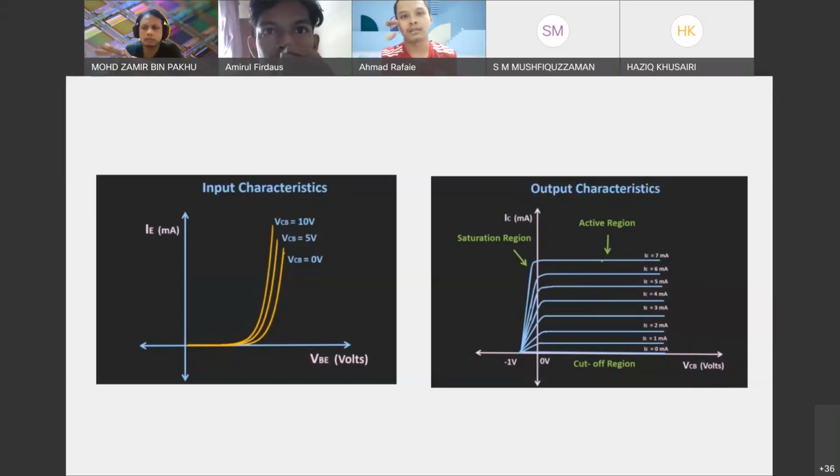If we change the base voltage, the collector current will also change. So as you can see, when the emitter current increases, the collector current also increases.